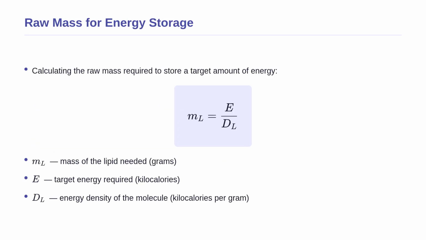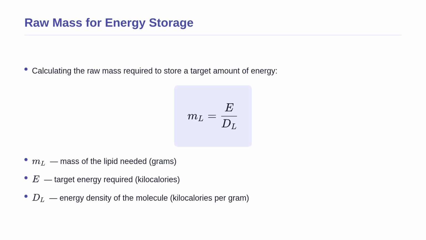To truly understand this efficiency, we need a formula to calculate the mass required to store a specific amount of energy. The raw mass of the lipid needed, ml, is equal to the target energy, E, divided by the energy density of the molecule, dl.